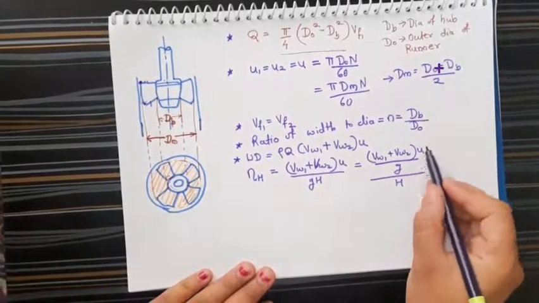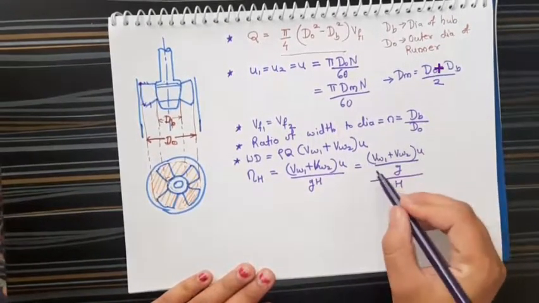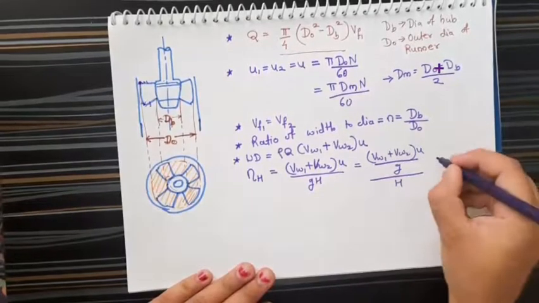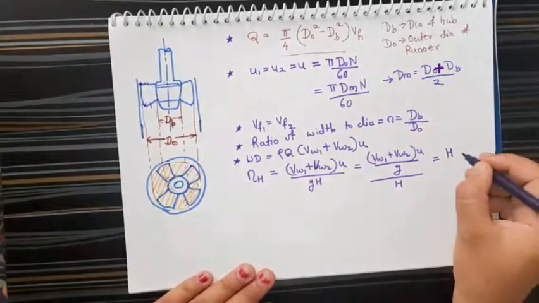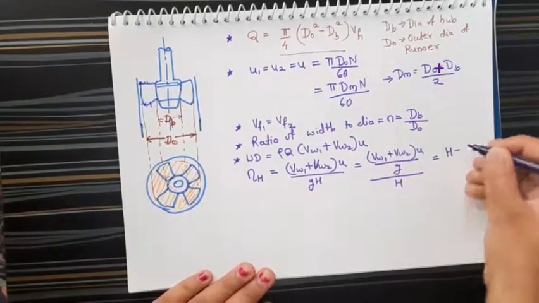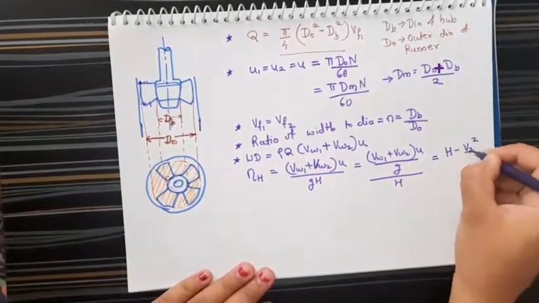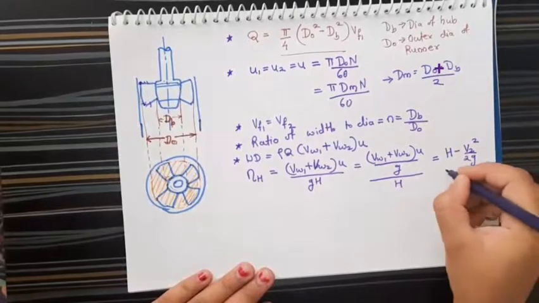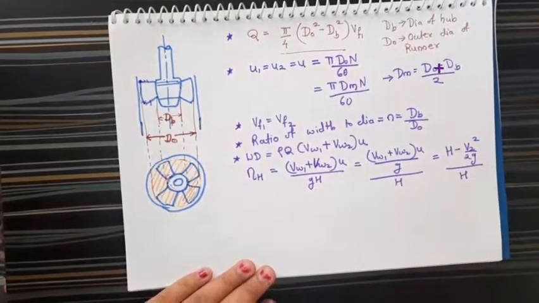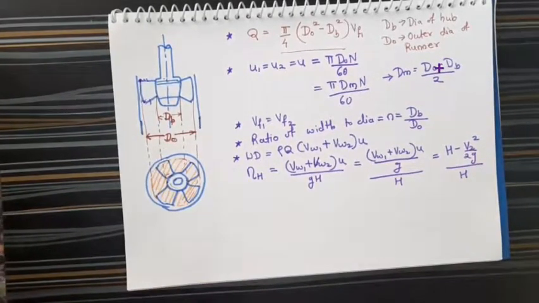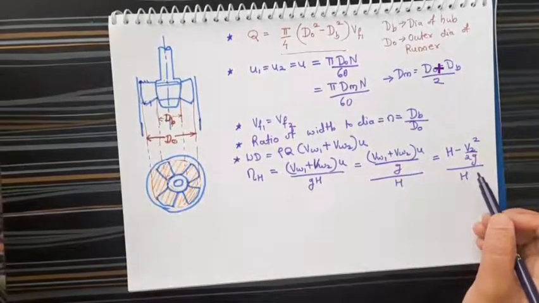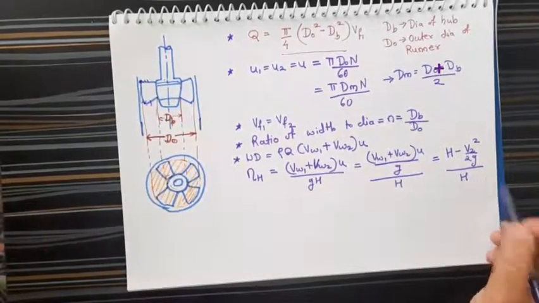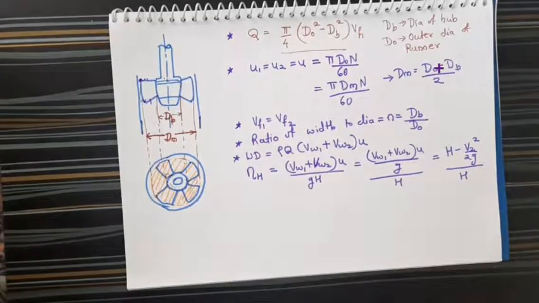Now we know very well that this is the work head. So we can write this work head as total net head available minus the discharge head, that is V2 square by 2g, and divided by H. This can be another formula for hydraulic efficiency, which can be used for both the Kaplan turbine and the Francis turbine.